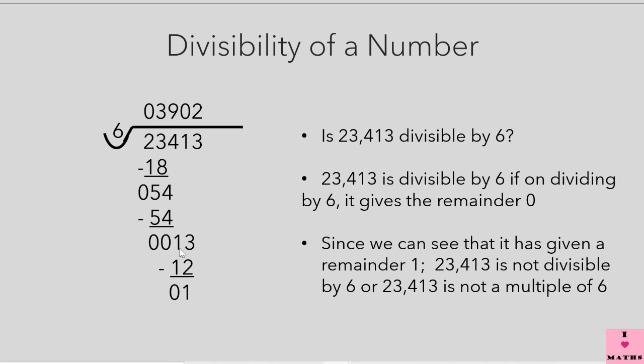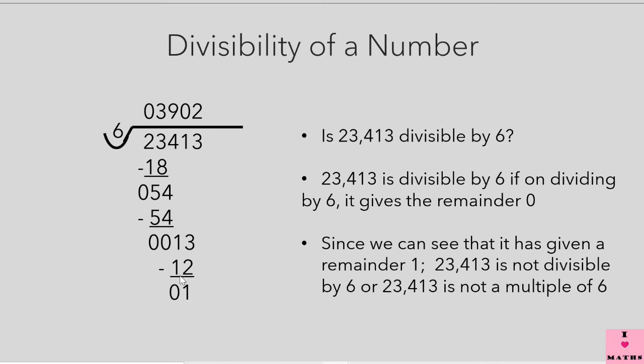Since 1 does not come in the table of 6, we put a 0 in the quotient and copy 3. So we have 13. 6 2s are 12. 13 minus 12 is 1.